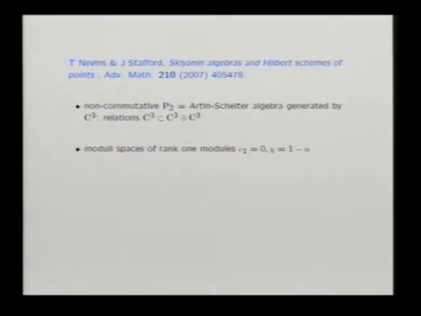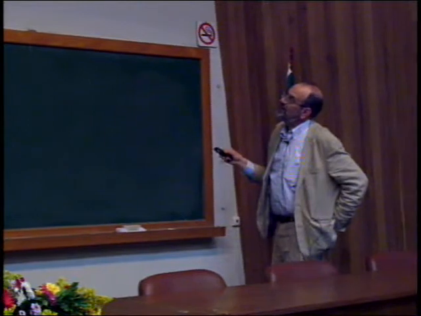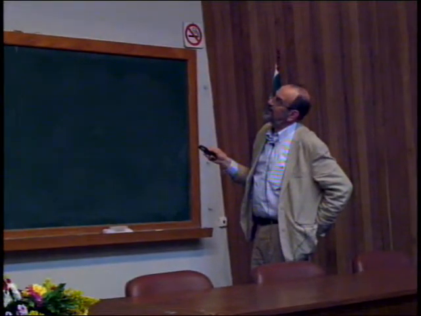These have been around for quite a long time, and what they are is that you think of the projective plane as being the projective space of C3, the one-dimensional subspaces of C3, and you want to deform the polynomial algebra in 3 variables, which defines the algebraic structure on P2, into a non-commutative algebra. What that means is deforming the relations.